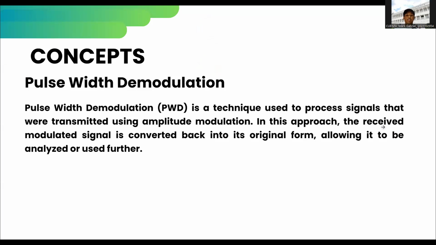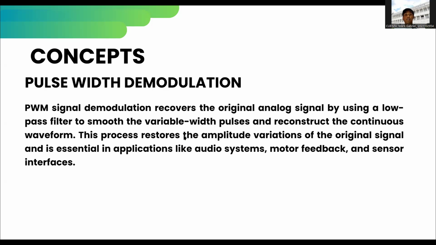So the pulse width demodulator is the process of recovering the original analog signal from a PWM signal. So this is achieved by processing the pulse signal to extract its average value. So in this process, a low-pass filter is used to smooth out the PWM signal.